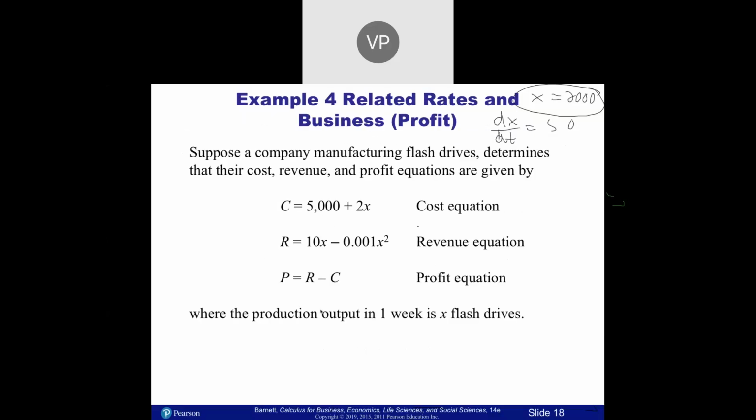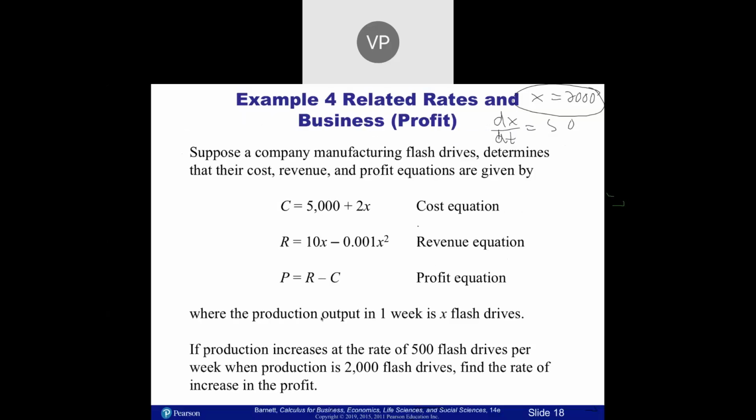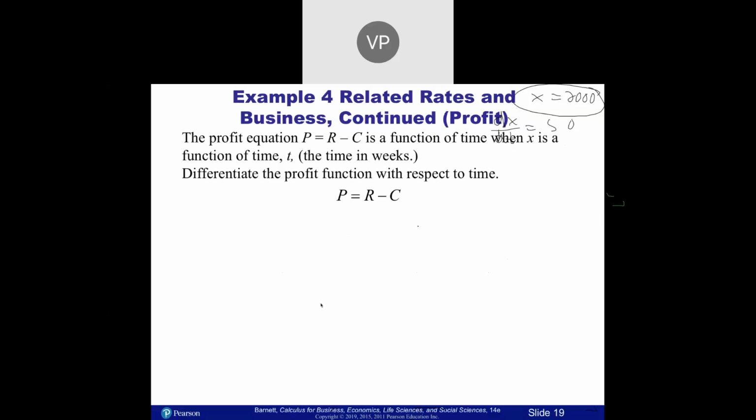All right, so now the last one is find the rate of increase in profit. Well, we have this equation, and now we have dP/dt, took a derivative. These are all with respect to t, and it's a really easy problem. This is profit equals revenue minus cost, so dP/dt equals dR/dt minus dC/dt, because there's no other letters here.